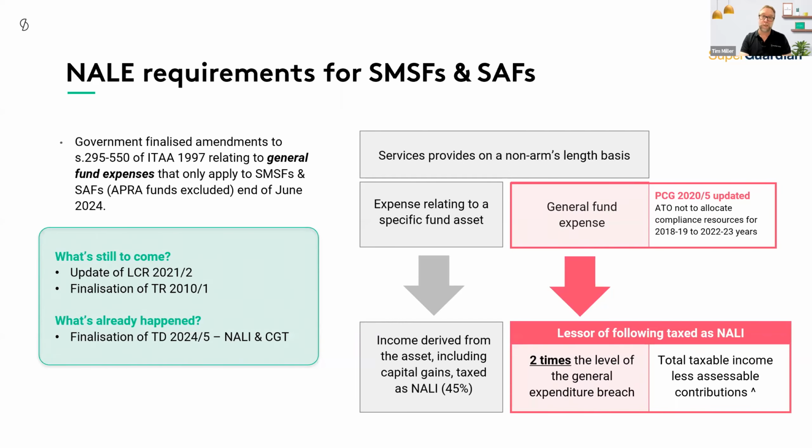Now, we all appreciate that the ATO in many respects have completed the 23-24 audit cycle, but if we assume that 80% of self-managed super funds lodge on time, there's also that 20% of funds that haven't gone through their 23-24 lodgement period or process. And so if something is identified within those funds, the fact that there's no compliance resources being allocated just means the ATO aren't going hunting.